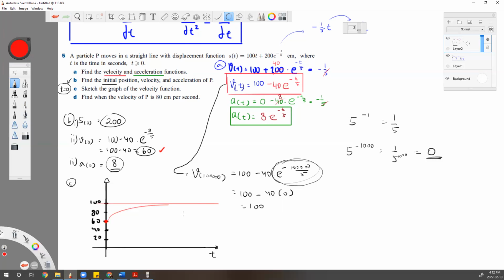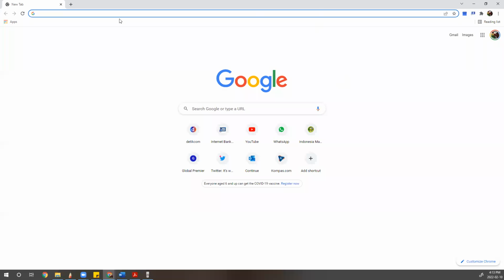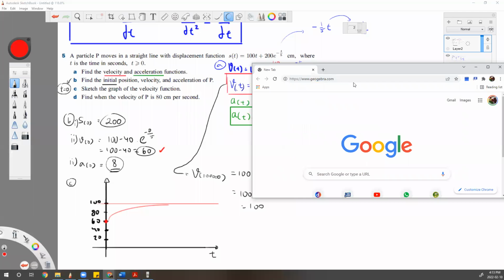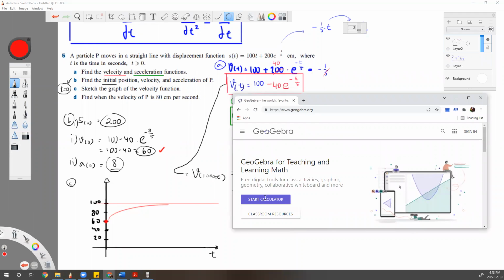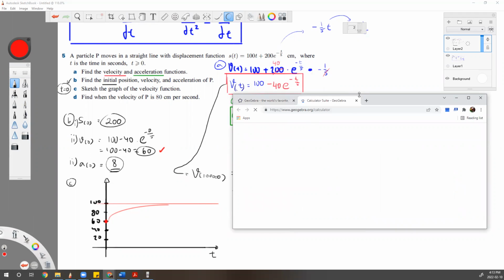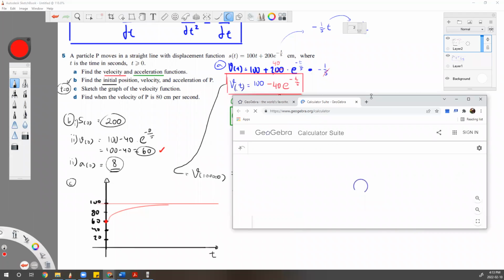Again, I am also unconfident about my answer, so let's try using this tool, GeoGebra. The v of t is 100 minus 40 e to the power of negative t over 5.